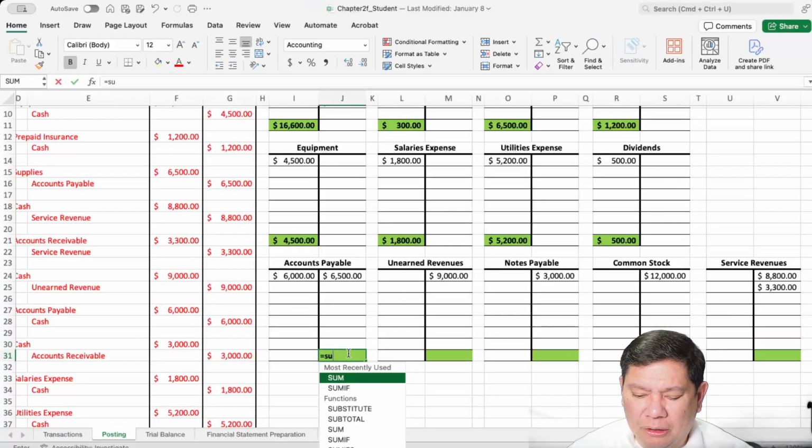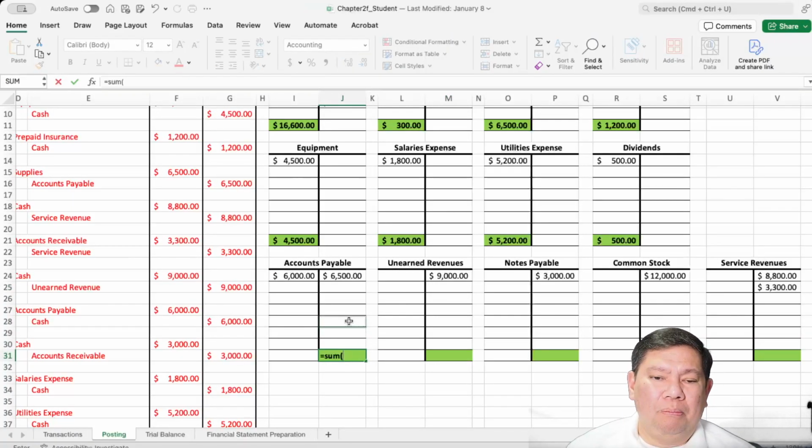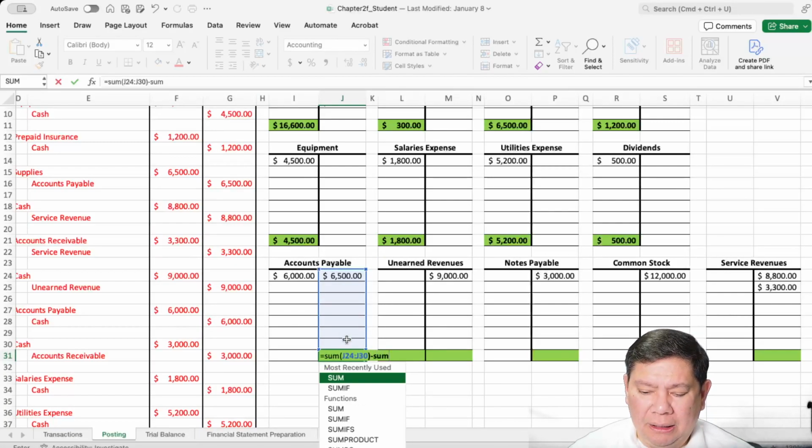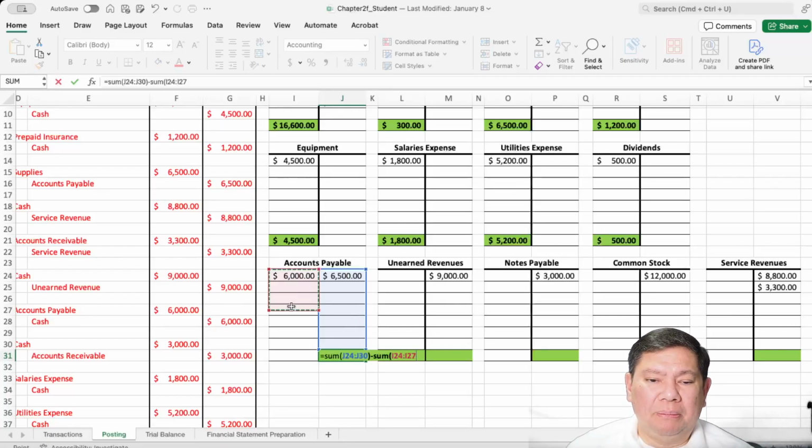And the credit normal balance means total credit minus total debit. Okay, but most of them are very simple.